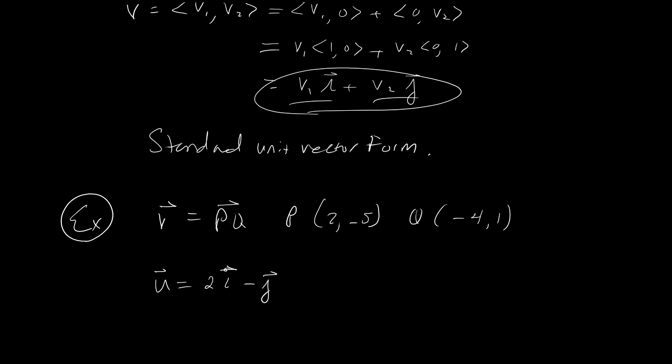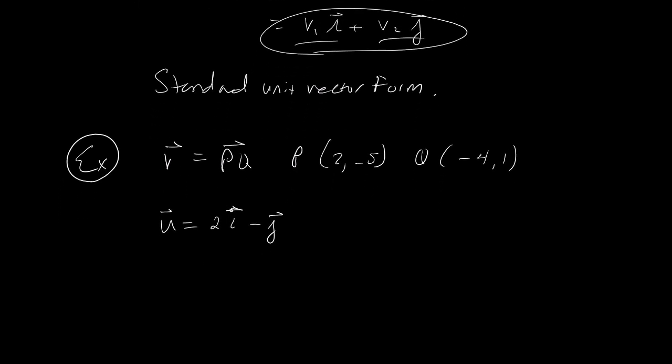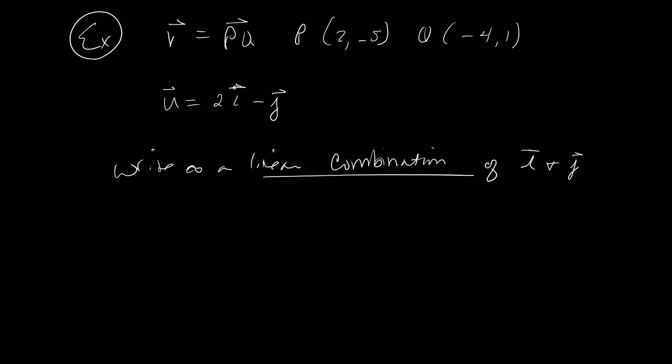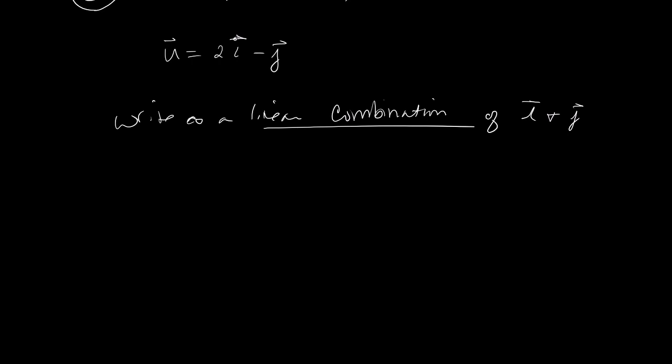And then we're going to write each vector as a linear combination of i and j. Vector w is equal to 2v minus 3u.